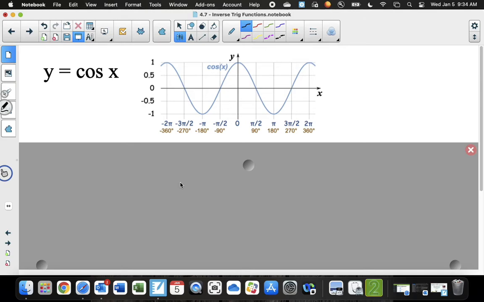Our restriction is going to be right here, from 0 to what? Where should I put the next line? If we go to pi and get rid of the rest, that part of the wave will pass the horizontal line test. Between 0 and pi is your restriction.